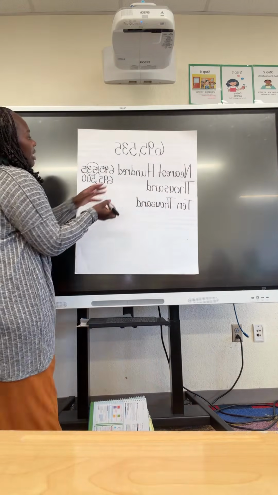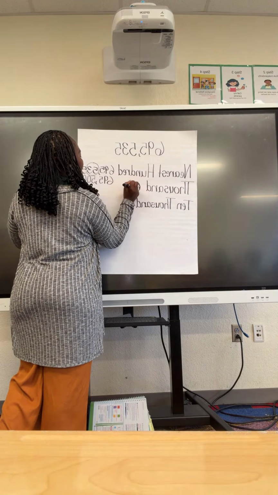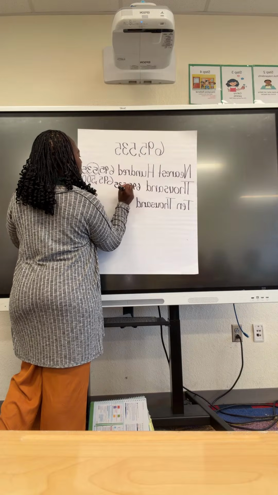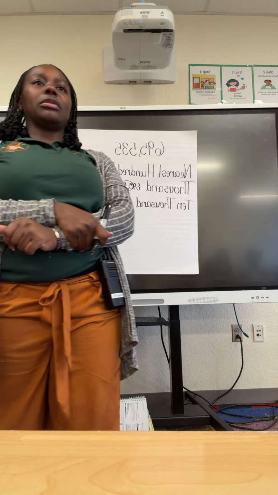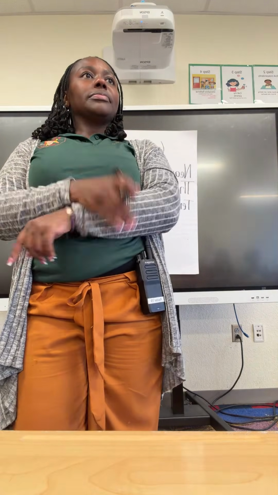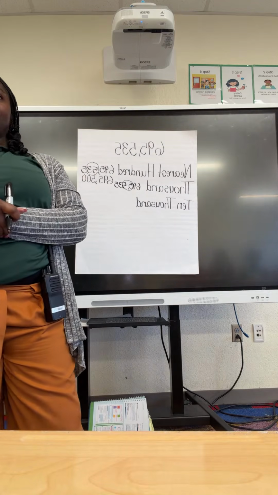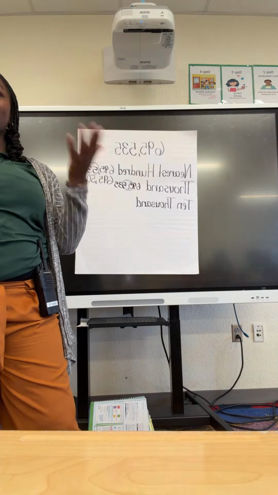All right, so now I'm gonna rewrite my number again. 695,535. I'm gonna circle 55. What question am I going to ask myself? Which one is it closer to? It's halfway. So when it's halfway, what do we do? Round up or down?